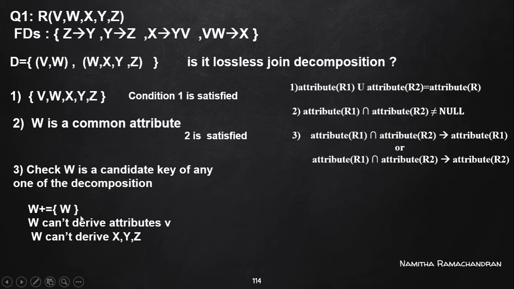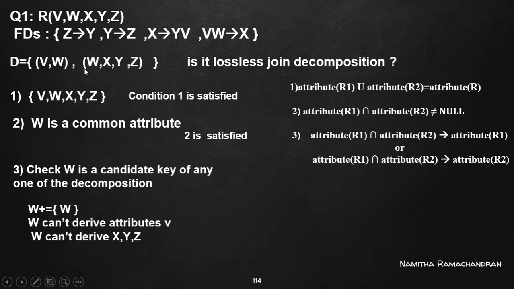Using this W, first consider this decomposition. W can't derive V, because V is not present in the closure set of W. So W is not a candidate key of this decomposition. But we can't stop here.